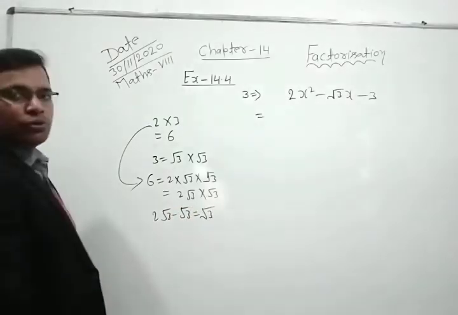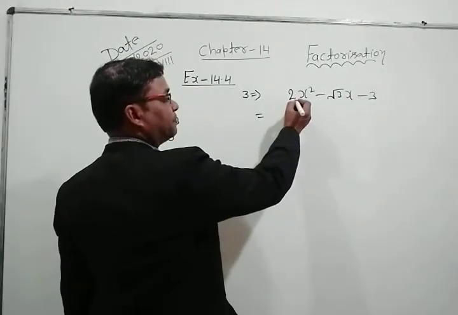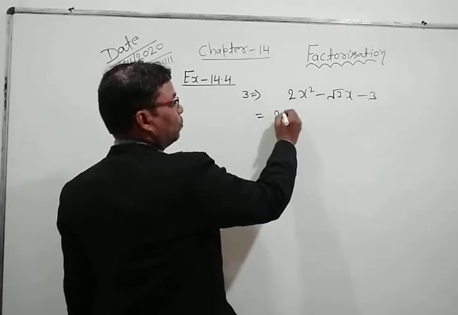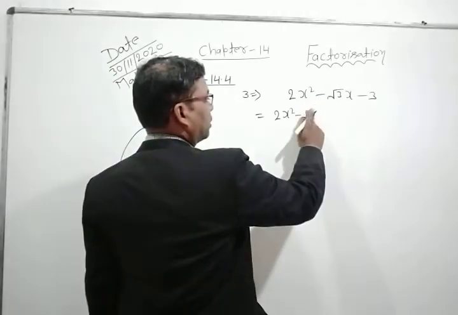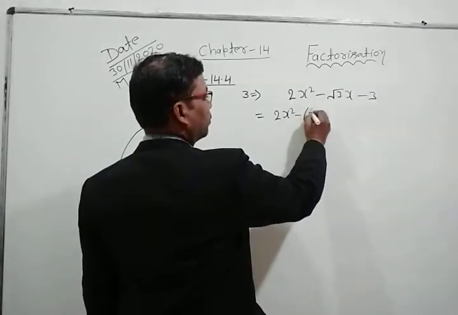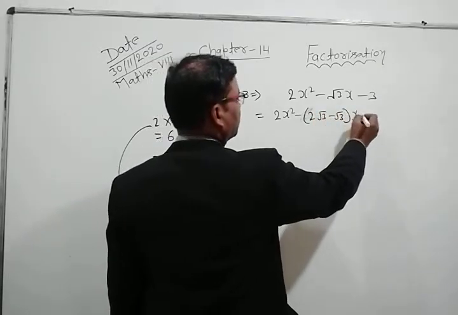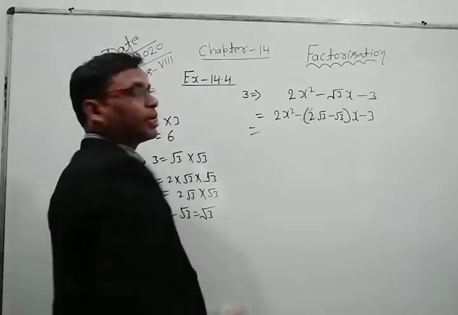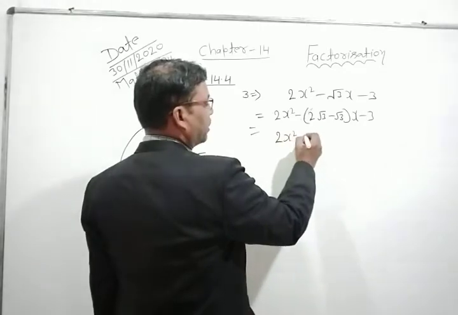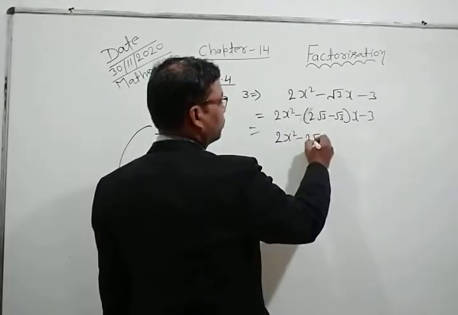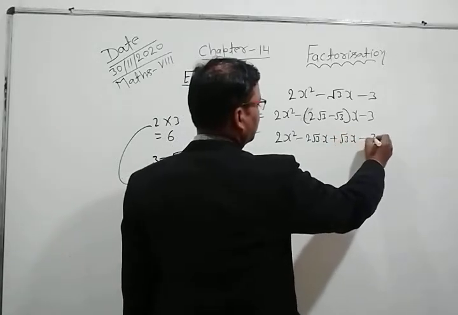Root 3. Root 3 or 1 root 3, both are the same. So we can write 2x square minus root 3 x as 2x square, 2 root 3 minus root 3 into x, minus 3. When you open this bracket, you get 2x square minus 2 root 3 x plus root 3 x minus 3.